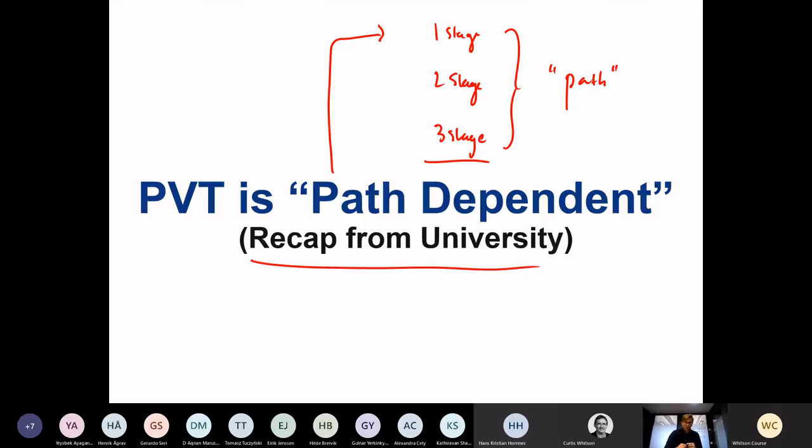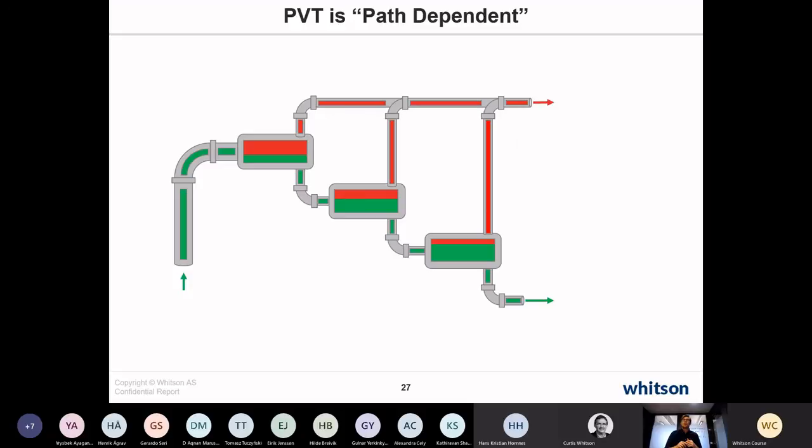And here comes a short recap from university, at least for the folks that have been doing process engineering courses, and maybe courses with Curtis or at other petroleum engineering departments. The typical exercise you get is that you know the total fluid composition going into a surface process.